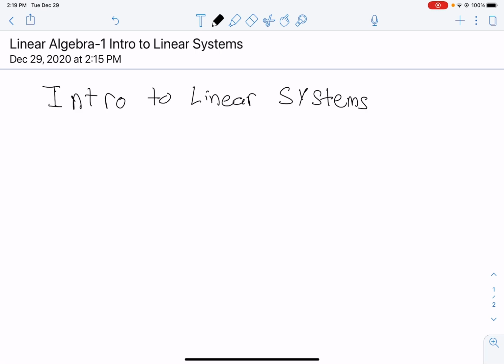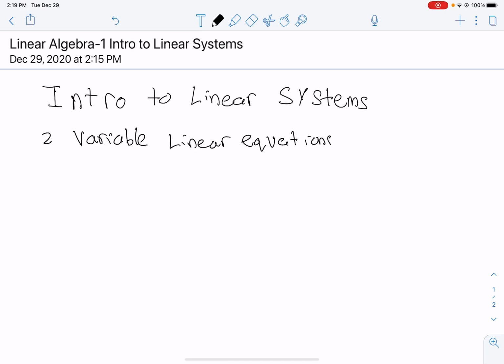It's very simple. If we have a two variable linear equation, the variables could be x and y. It could be written as a1, our constant in front of x, plus a2, our second constant, y equals c. I'll just say c1.